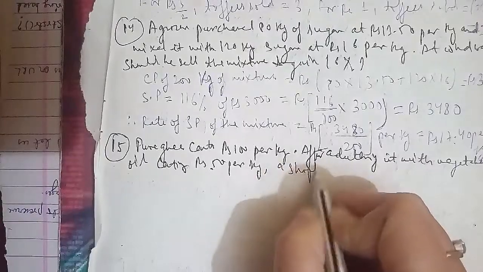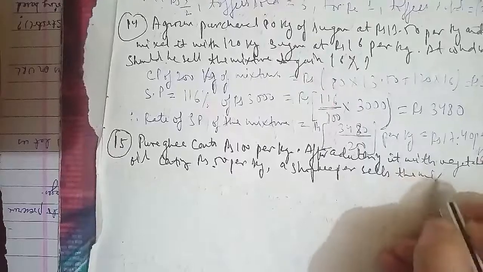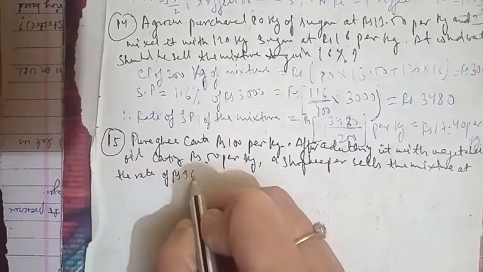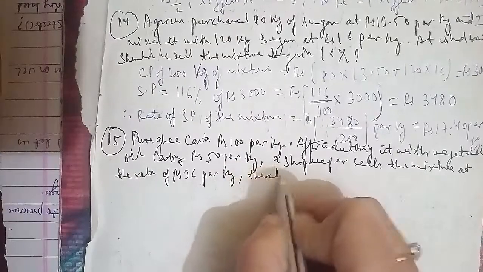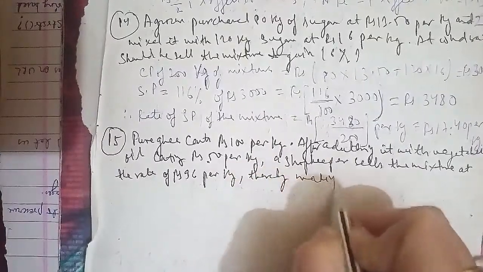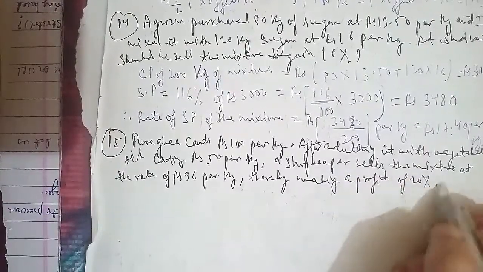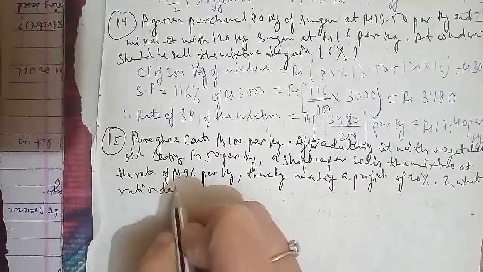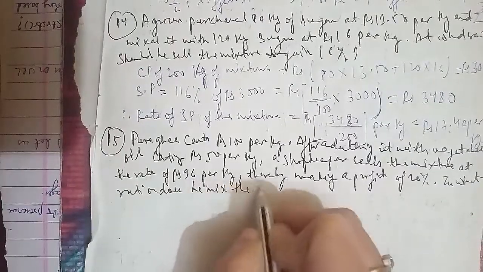A shopkeeper sells the mixture at the rate of rupees 96 per kg, thereby making a profit of 20%. In what ratio does he mix the two?